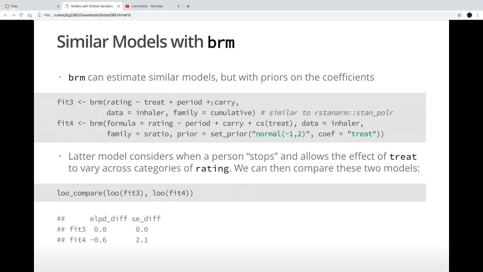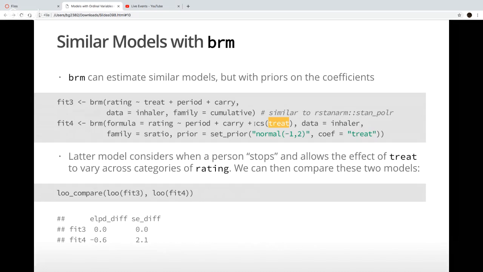That assumption can be relaxed in BRMS by wrapping the one that you want to have category-specific effects in the CS function, and now it's going to estimate a different coefficient on that treatment variable for each of the categories of the outcome if you don't want to enforce that homogeneous effects structure.